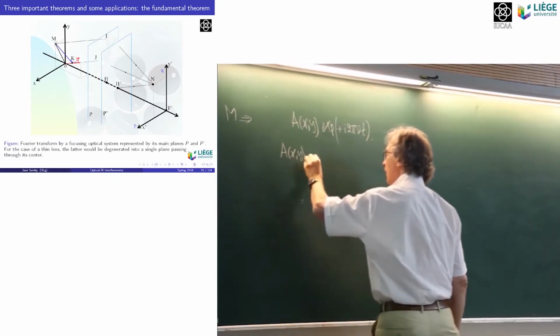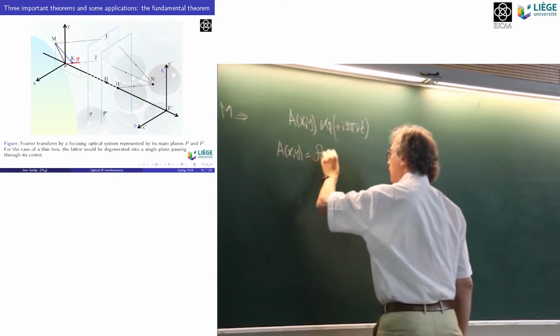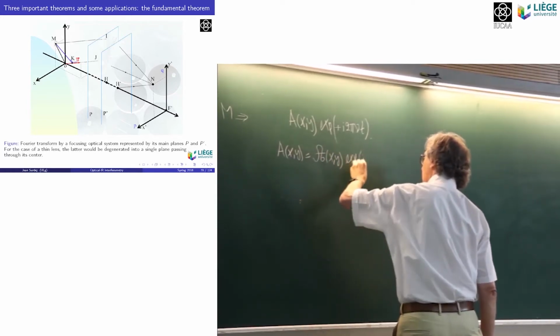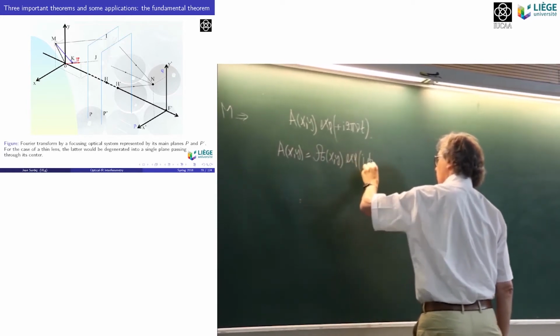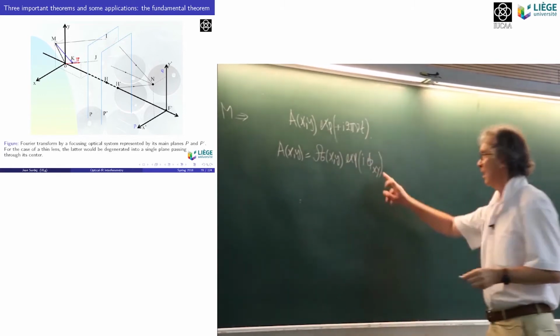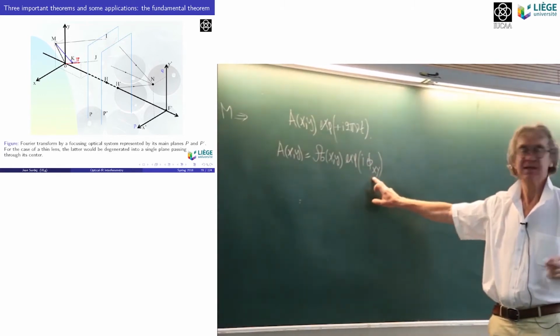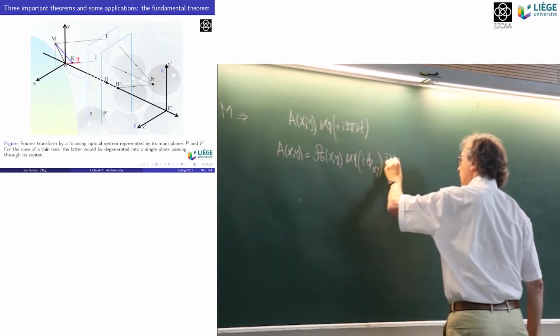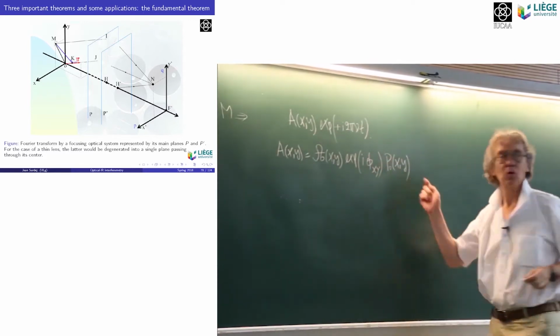It is equal to a real amplitude, multiplied by a complex phase, and now I multiply it still by what I call the pupil function.